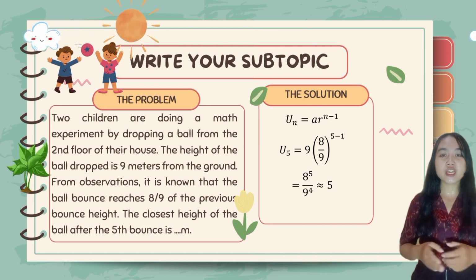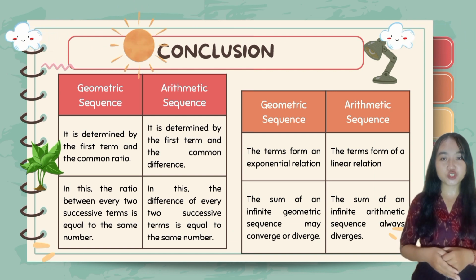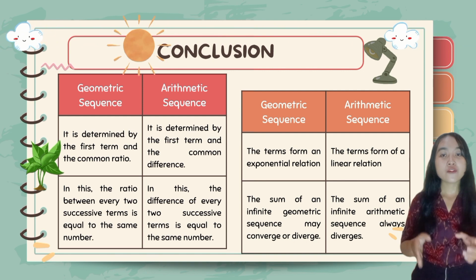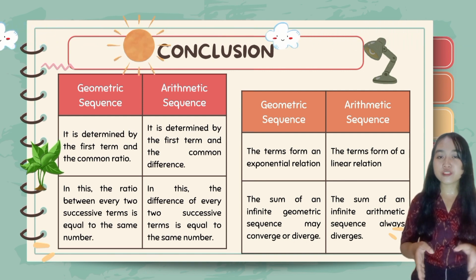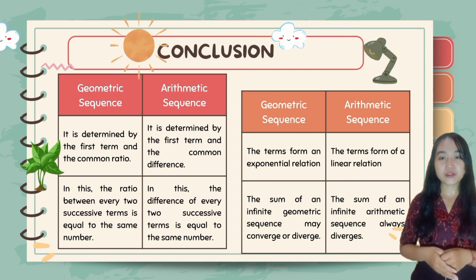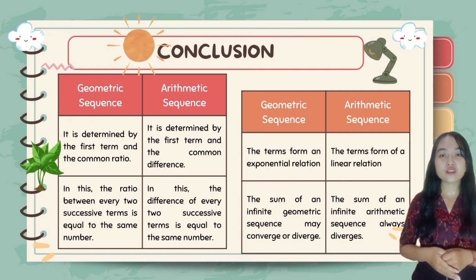So the conclusion that we can understand is that there are some differences between a geometric sequence and an arithmetic sequence. A geometric sequence is determined by the first term and the common ratio, while an arithmetic sequence is determined by the first term and the common difference. In a geometric sequence, the ratio between every two successive terms is equal to the same number, while in an arithmetic sequence, the difference of every two successive terms is equal to the same number.